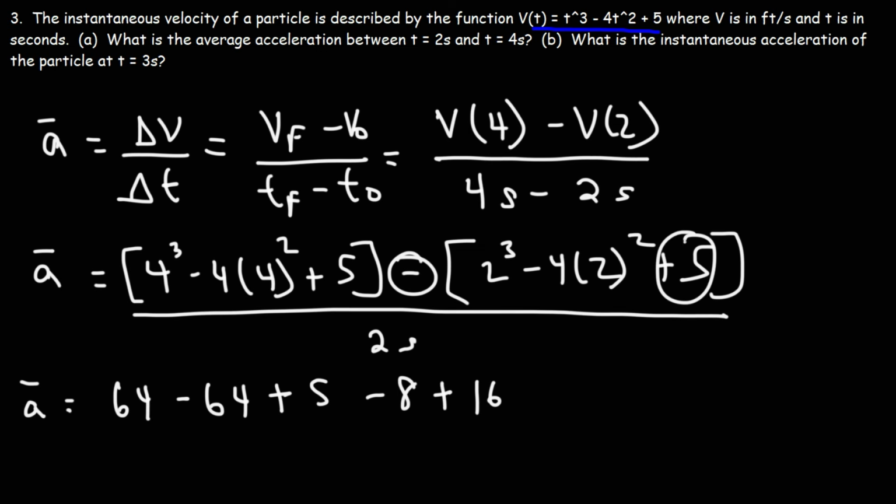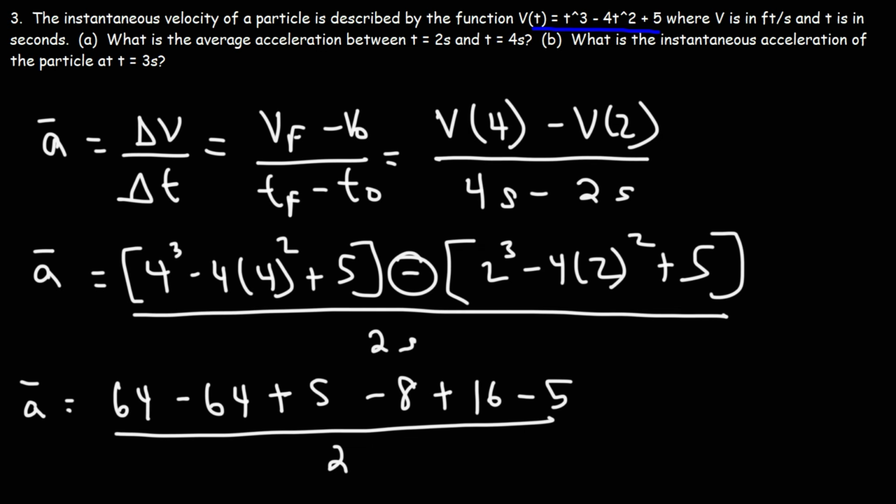And then negative 5. So we could cancel 64 and negative 64, as well as 5 and negative 5. So we're left with negative 8 plus 16, which is 8, divided by 2. So that gives us an average acceleration of 4.